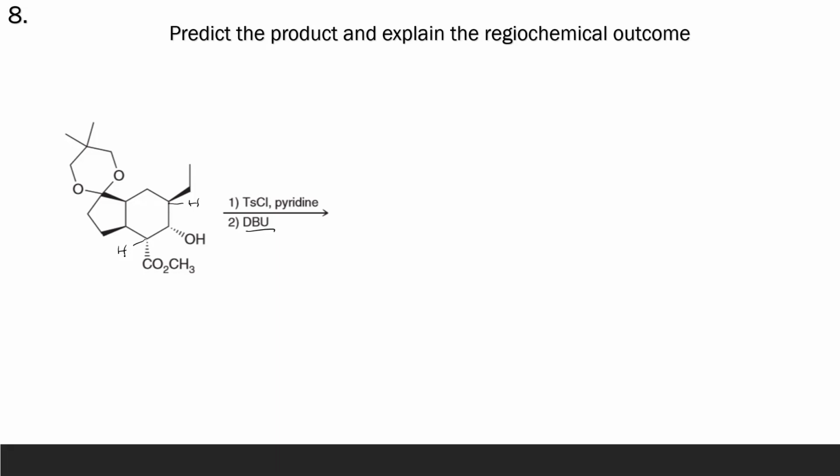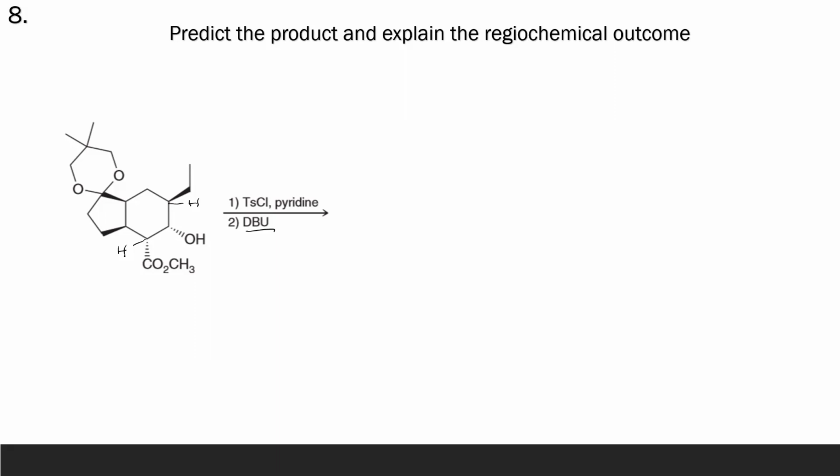So the key to determining where the alkene will form is in determining what proton is going to have that anti-coplanar configuration. And if in fact both protons have an anti-coplanar configuration, you just might get a combination of both products.